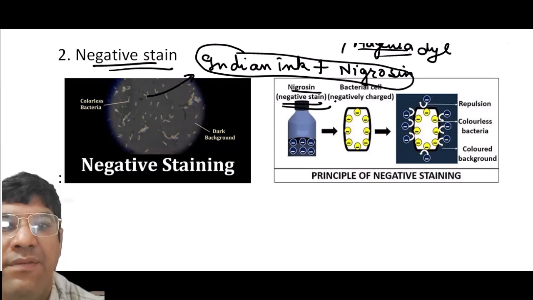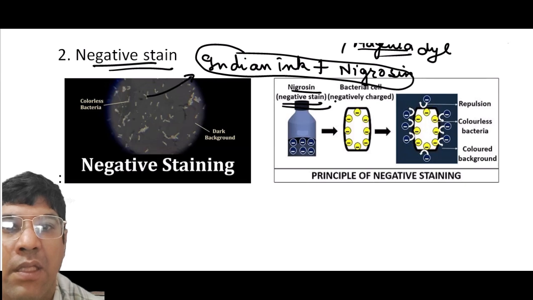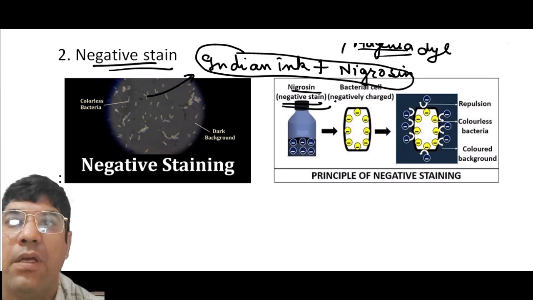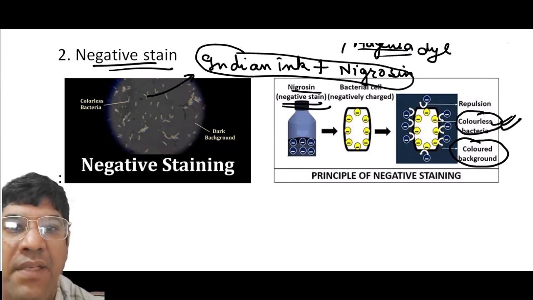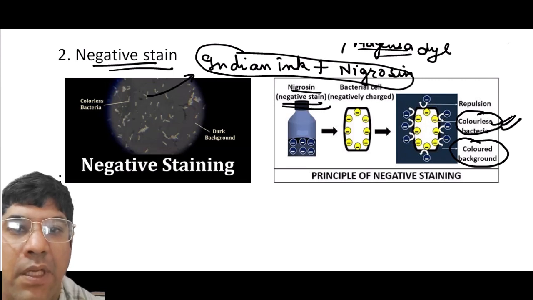So in negative staining, dyes like Indian ink or nigrosin are used to stain the background, whereas the bacteria are colorless. So the unstained bacteria stand out in contrast against this background.